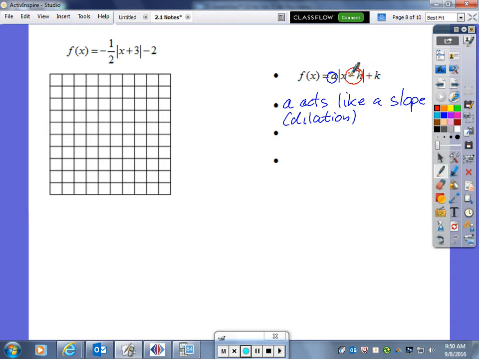The h inside of your absolute bars will move the graph to the left or to the right. And the k, which is on the outside, will move our graph up and down.